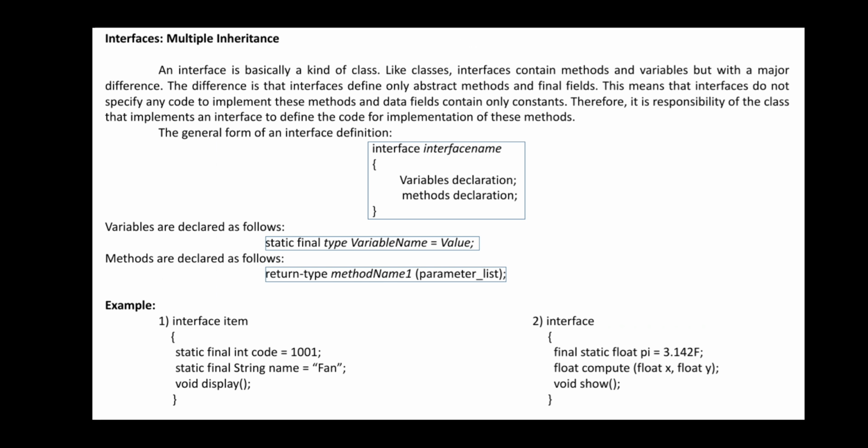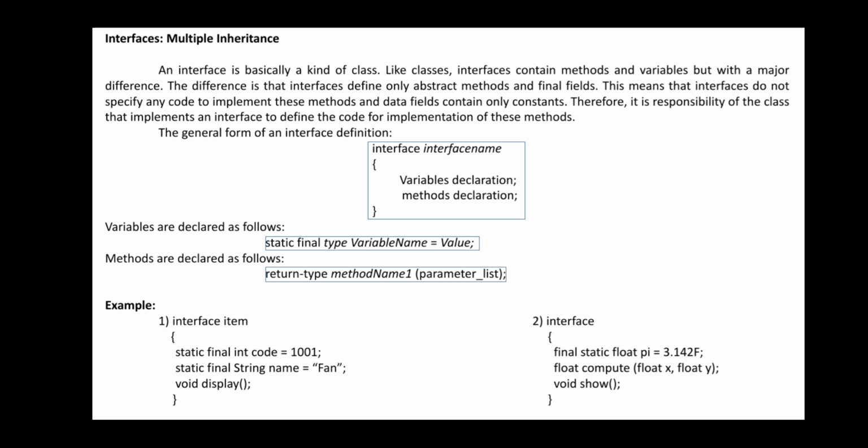Interface is a keyword which is going to be defined with an interface name, and within brackets you're going to define variable declarations as well as method declarations. Variables can be declared as static final type variable name equal to value. Static final means constant. We can't change it.